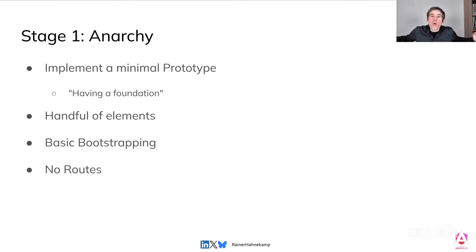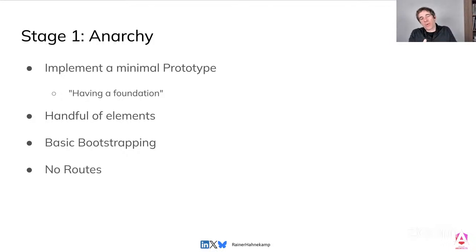If we have an order to write an application, then there is usually a certain core feature that has to be implemented. In the very beginning, I want to have a basis, a foundation, a minimal prototype that shows that things are working.